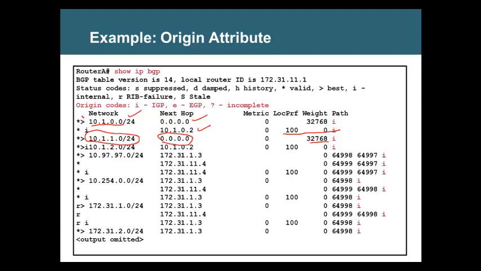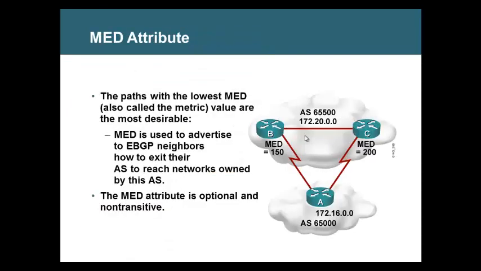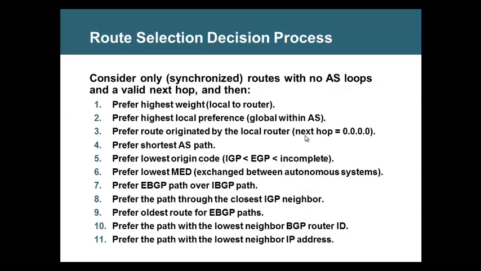Which one is preferred? The one with the star and greater-than symbol. Local is preferred because of the high weight. So attribute 3 will use attribute 1 to give a preferred path.